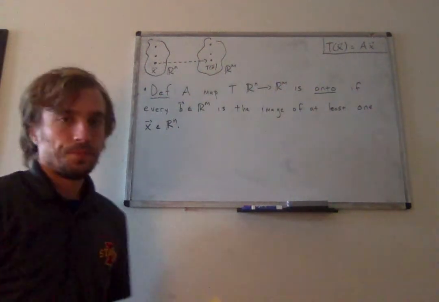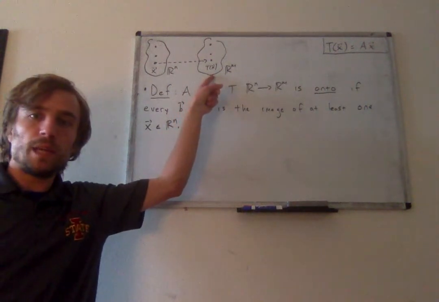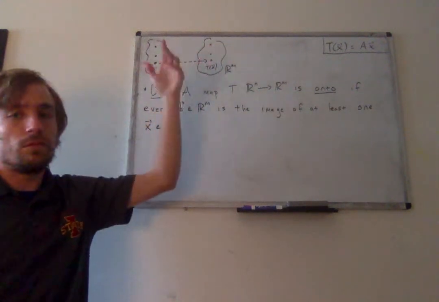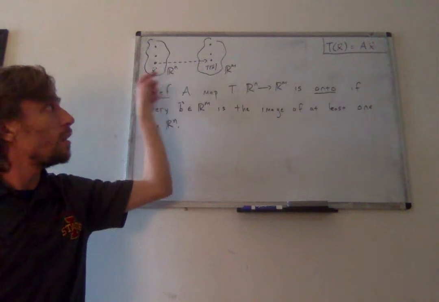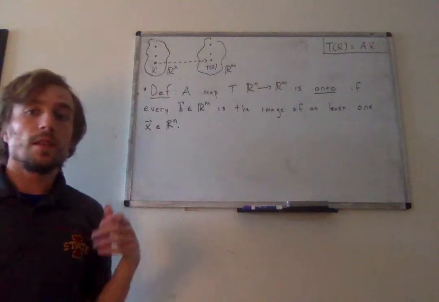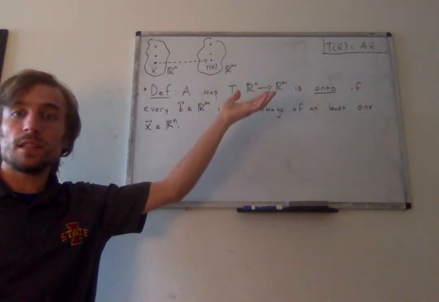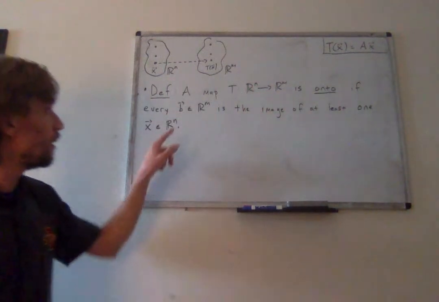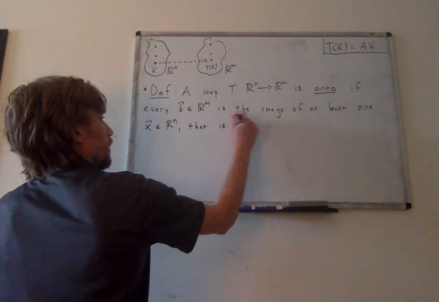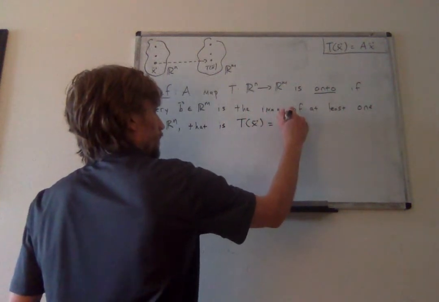This means that for every vector I can find in my space here, every vector in Rm, and think of these points for now as representing vectors, there is at least one arrow pointing into each one of these points. That is, for every vector b, there's some vector x such that A times x is equal to b, that is, T of x is equal to b.